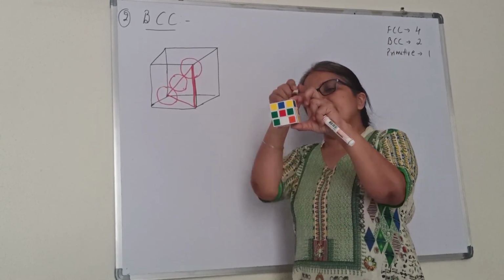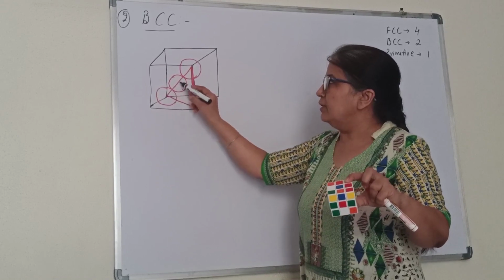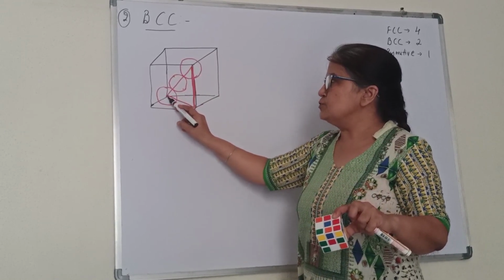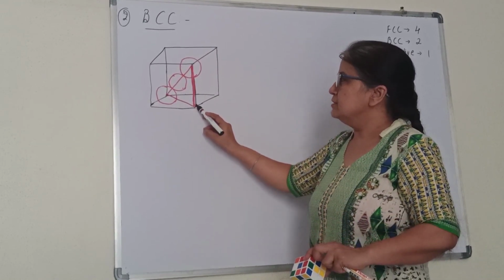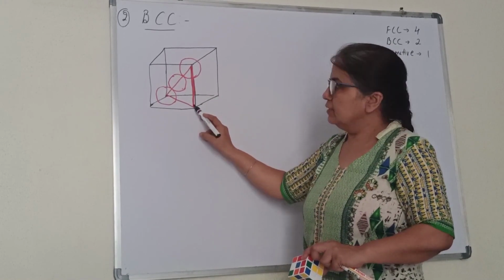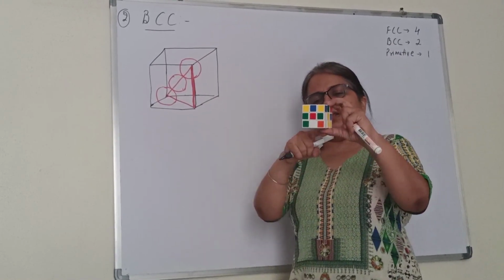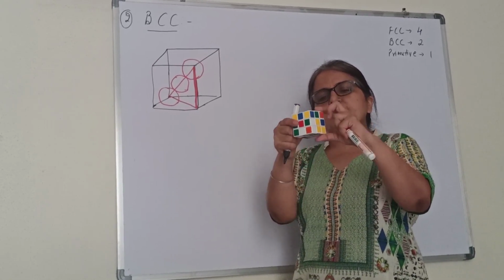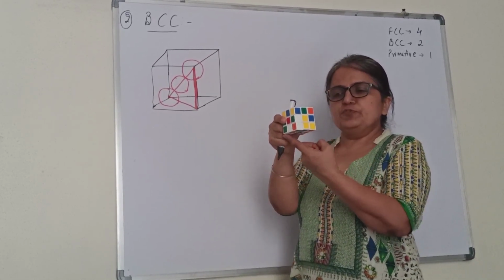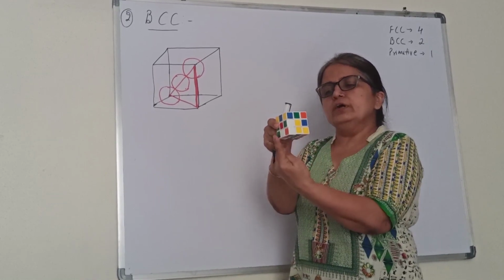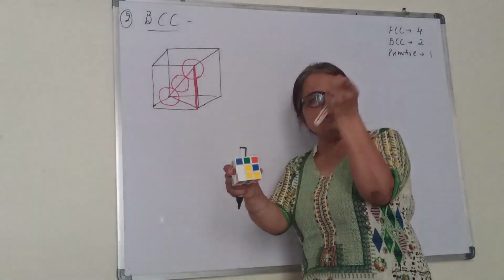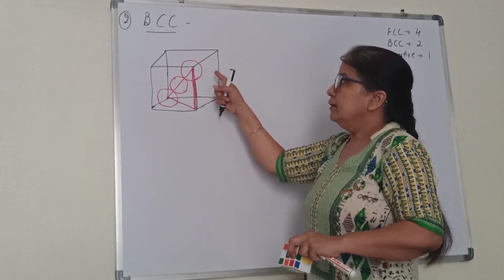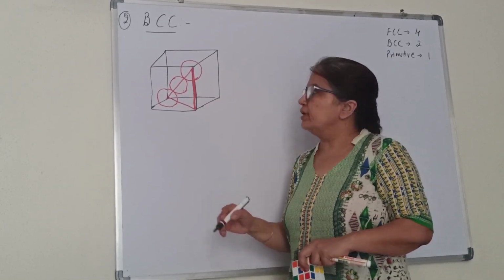That means from inside this particular diagonal, this is one of the face diagonal, this is one of the edge. Clear, children? We have taken this edge length, this face diagonal, and from this corner to this corner, these particles will be touching. So that particular triangle is isolated.